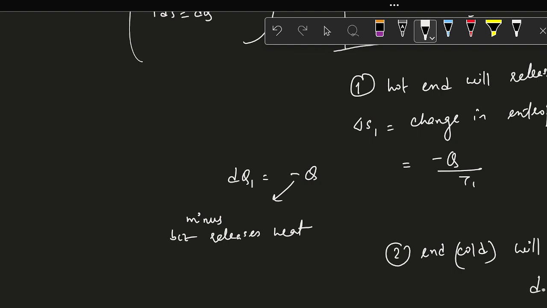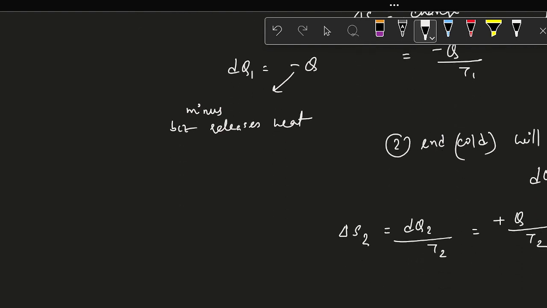So in this case, because the heat is being absorbed, dQ2 is plus Q. And the change in entropy, let's name it delta S2, will be dQ2 by T2, which is plus Q by T2, right?